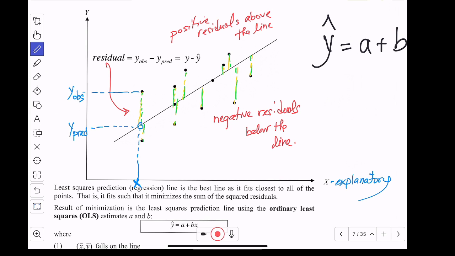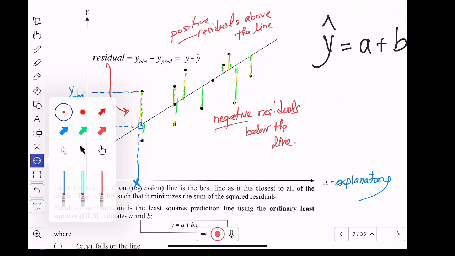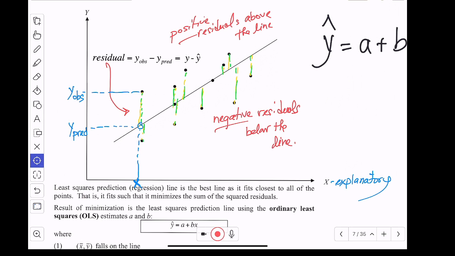So if I was to actually use the residuals, I would have positives and negatives. And if this was a good line, this line would fit perfectly, floating between these on the top and these on the bottom. So if these were positive and these were negative, and I summed all of those residuals, what would happen?